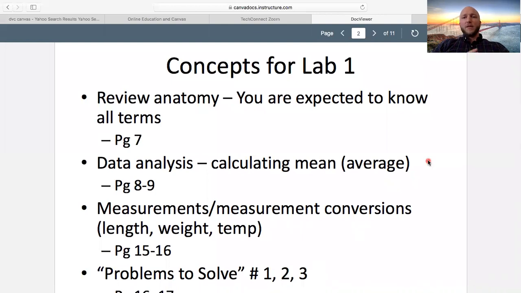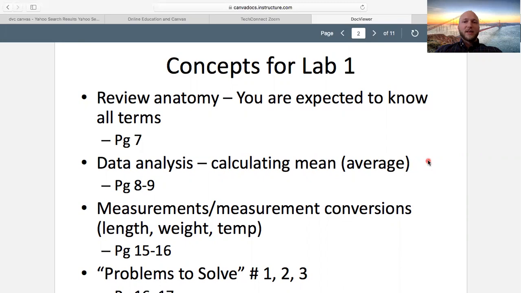These are the concepts. These are the things that you need to get out of Laboratory 1. There are some things in the supplement, in the lab book, that are not going to be on the exam, that are not important. This slide right here tells you exactly what is fair game for our quiz, exactly what I want you to learn from Lab 1.